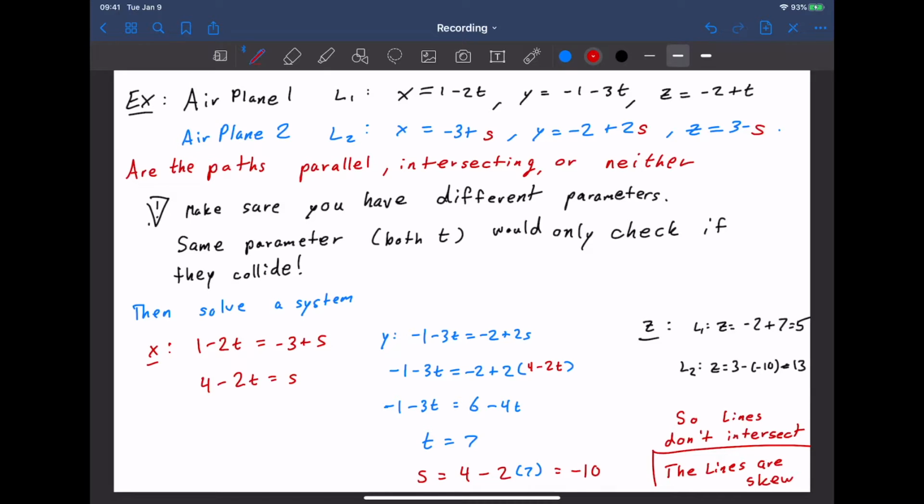If we got the same z coordinate and we had the same time parameters, if my s and my t matched, they do not in this case, but if s and t matched, it also shows they don't only intersect, they actually are going to collide. That's a good overview.